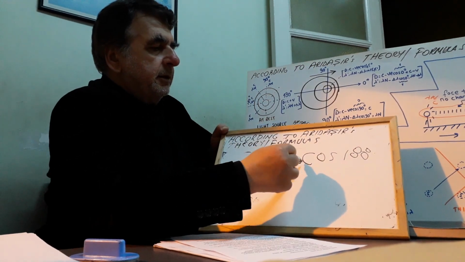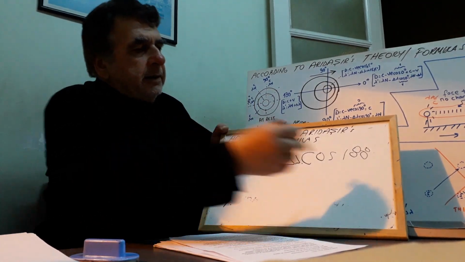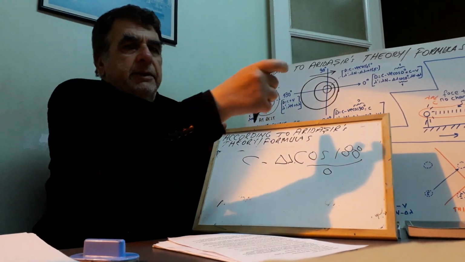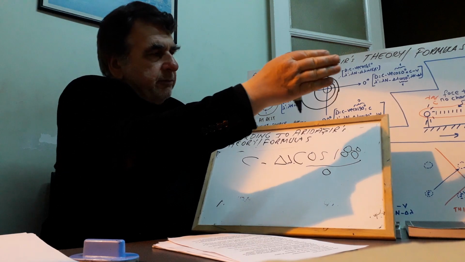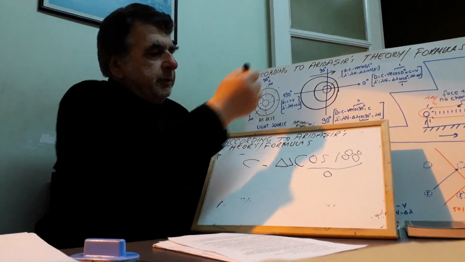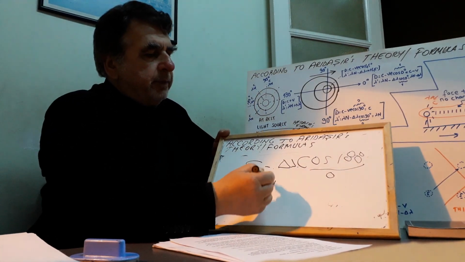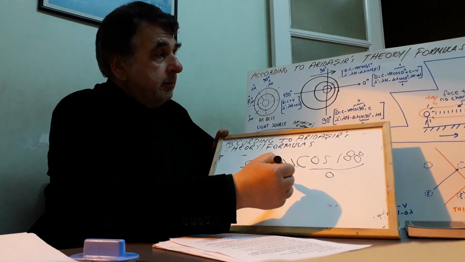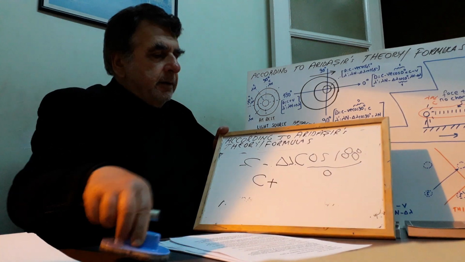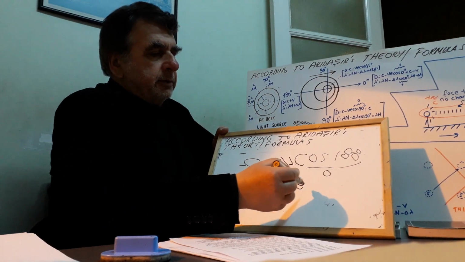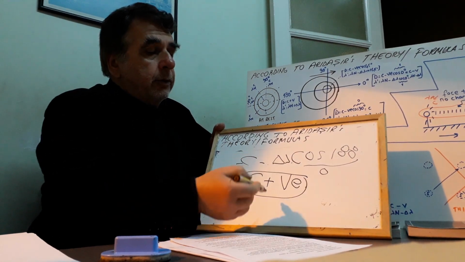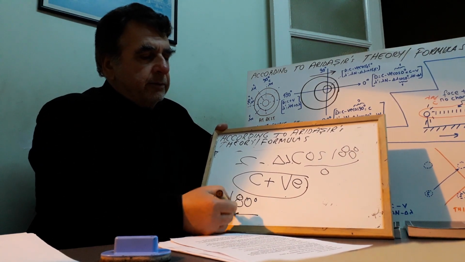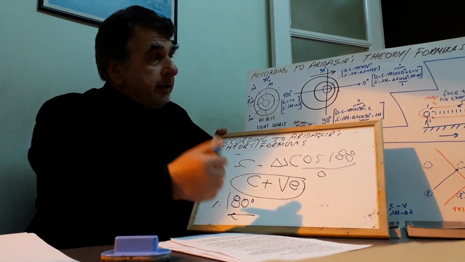Delta lambda cosine alpha 0, and wave velocity in the opposite direction of motion direction, c plus delta lambda, c plus electron motion form's velocity, okay, or source velocity, 180 degree direction.